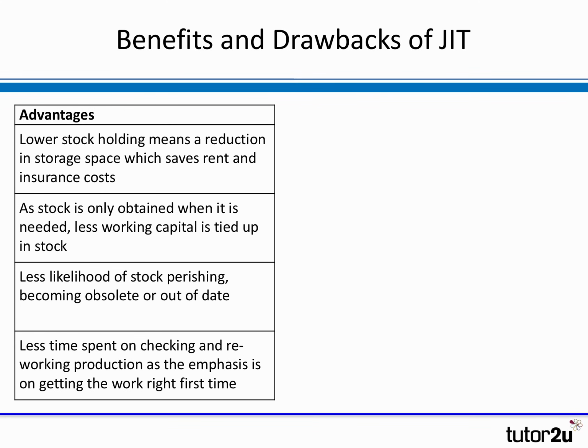A key benefit of just in time is that it reduces stocks, it reduces the level of inventories, and stock is only received when it's needed. It also means that less working capital is invested in inventories.